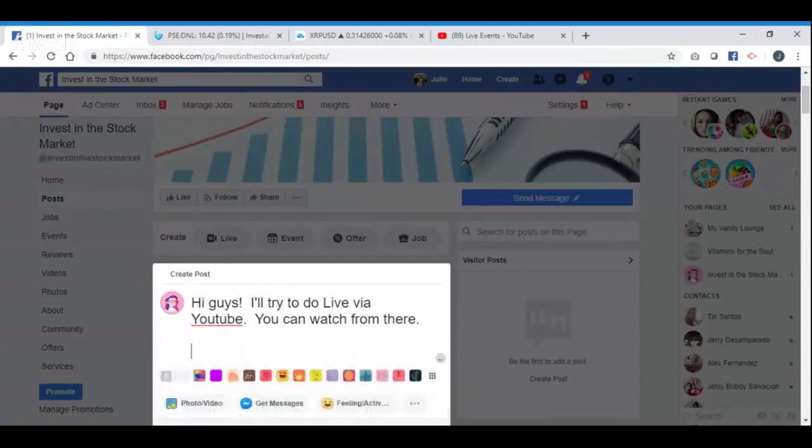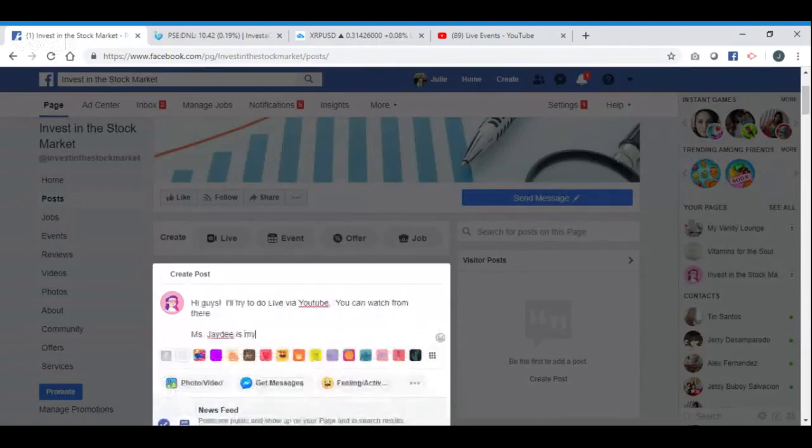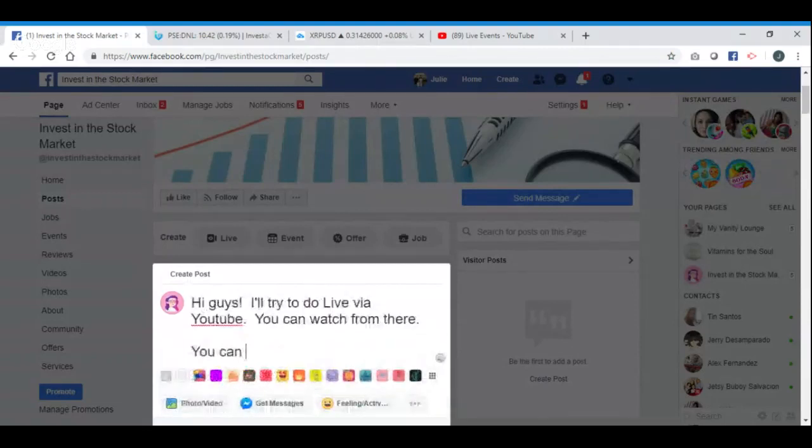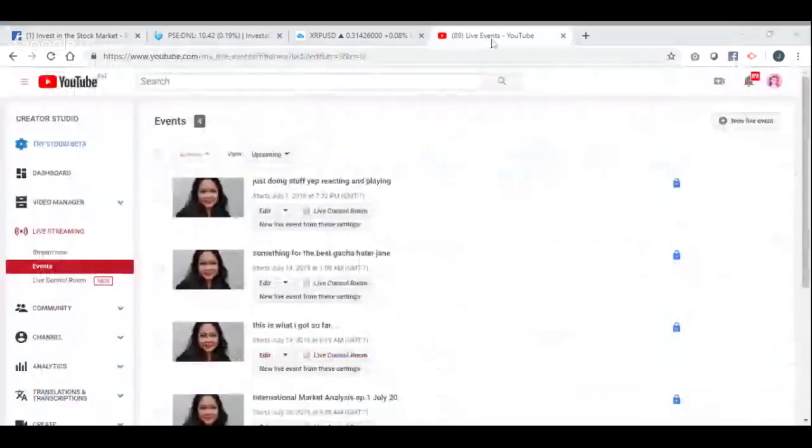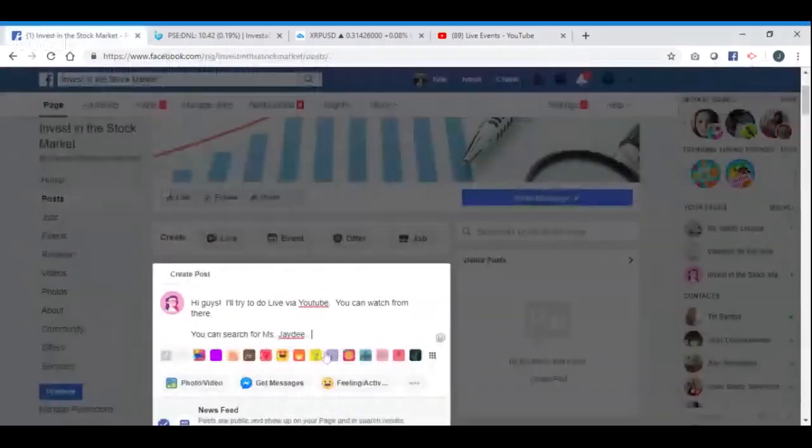You can look for Miss JD. You can search for Miss JD. I don't know if there is a link that we can get. Oh, that's fine. I'll just have them search for it and look for Miss JD.